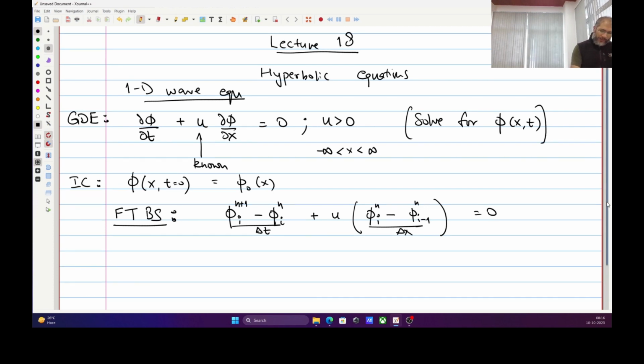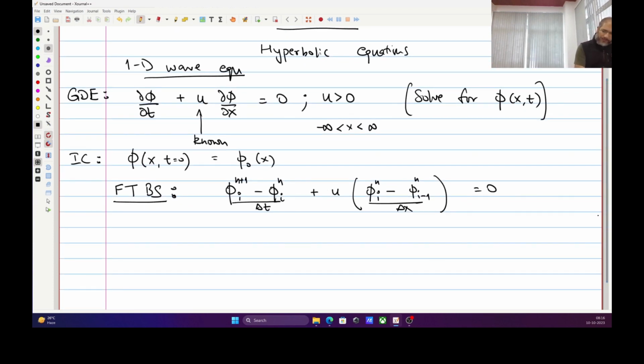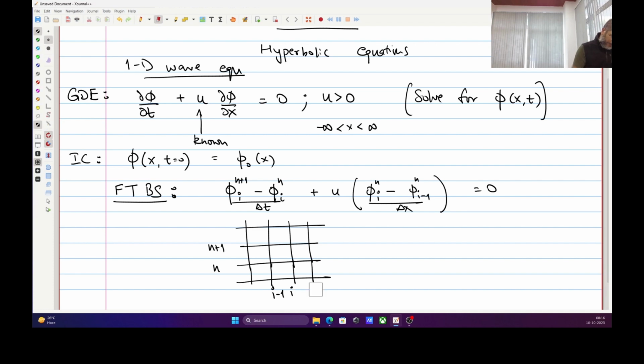So let's see what the stencil of this scheme looks like. We have the point i, n plus 1, that's this one, and then we have i, n, which is this one, and then we also have i minus 1, n, which is this one.